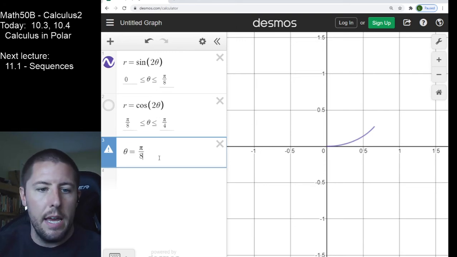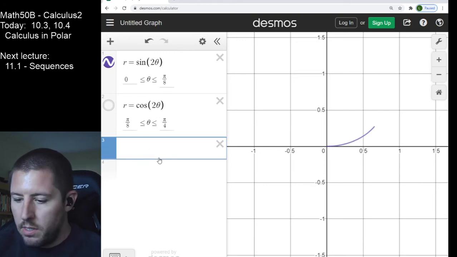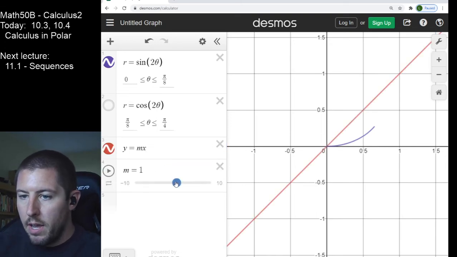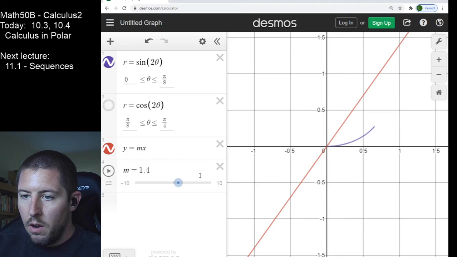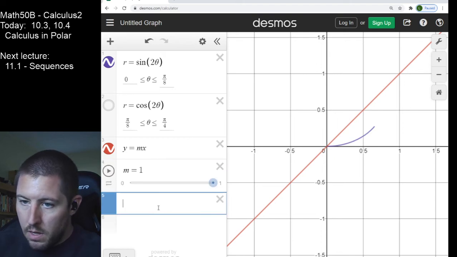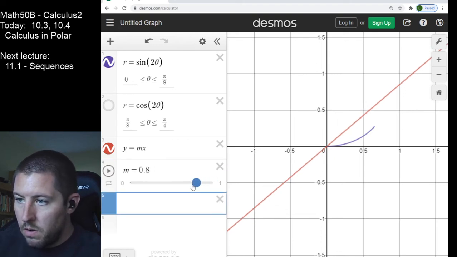Of course they don't. So instead, I need to do y equals mx and add a slider so I can help you guys visualize this right here. Okay, can I do it now?